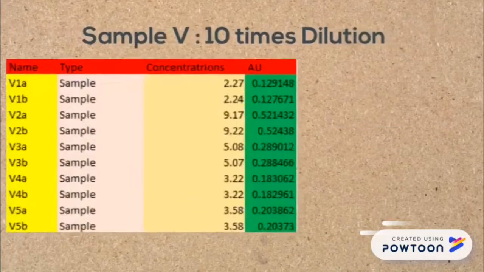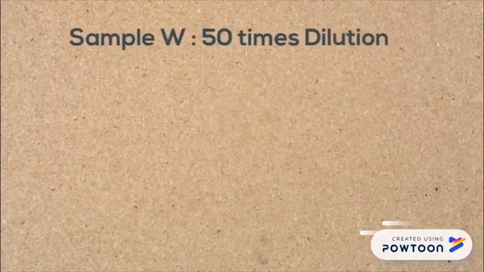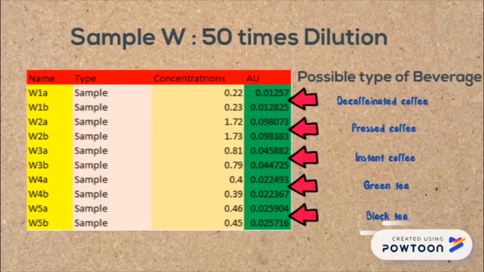For 10 times dilution, 1 milliliter of raw sample was taken and mixed with 9 milliliters of distilled water. All concentrations recorded were approximately 10 times lower, hence linearity was maintained according to Beer-Lambert's law. For 50 times dilution, 2 ml of sample B was taken and diluted with 8 ml of distilled water.